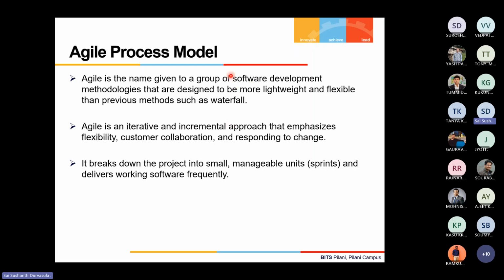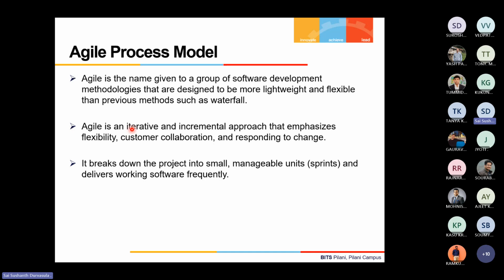They wanted to take the best of all the models so far, wherein they wanted to make it lightweight. That iterative model was making it lightweight, right? And one or two requirements only we were taking up in an iteration and working on. At the same time, they wanted to make it more flexible to changing requirements than waterfall and others.